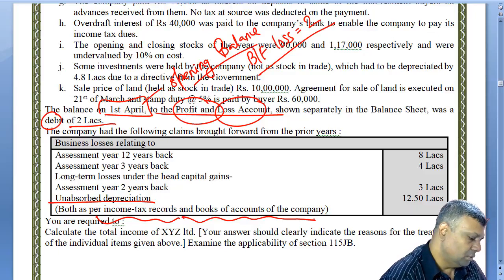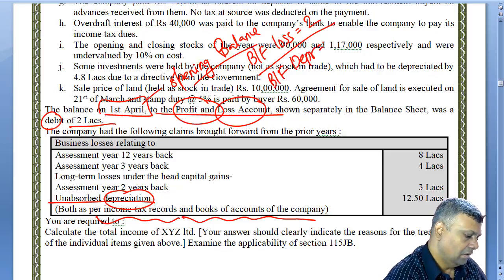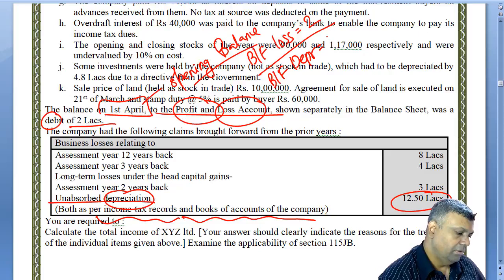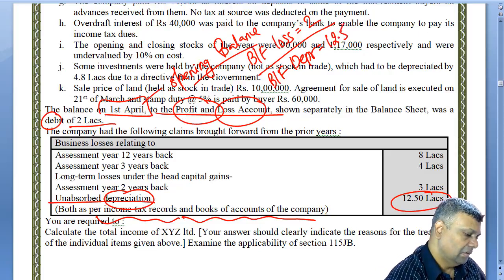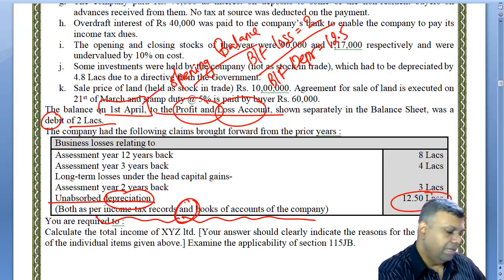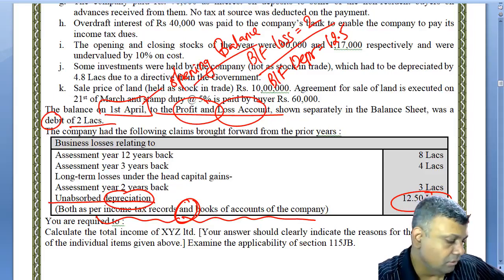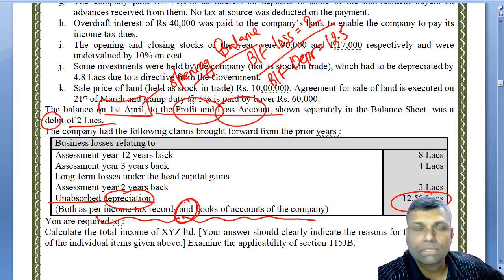So the loss figure is 2 lakhs and the brought forward depreciation is 12.5 lakhs, because it is for the income tax purpose and it is also for the purpose of the books of accounts of the company.